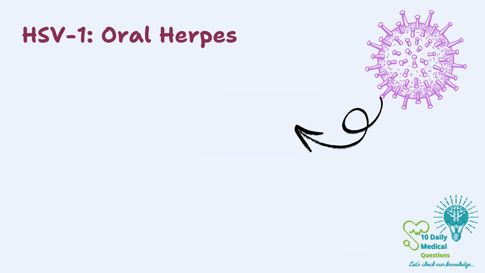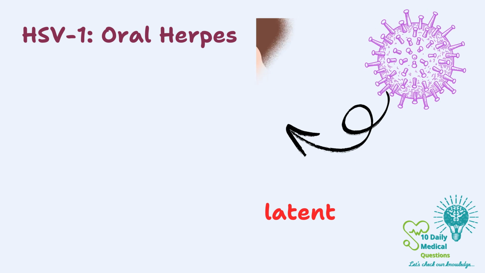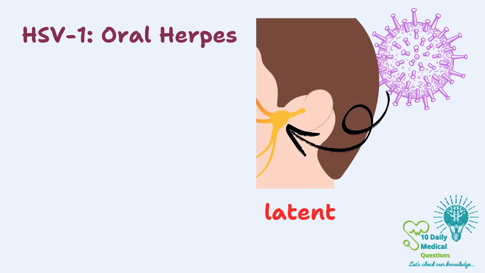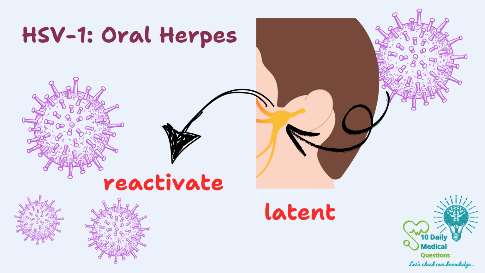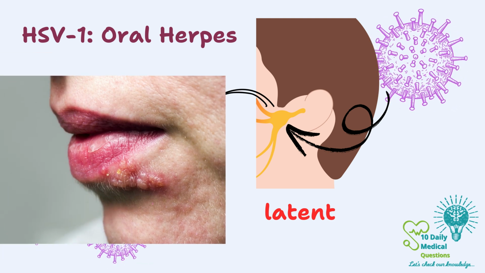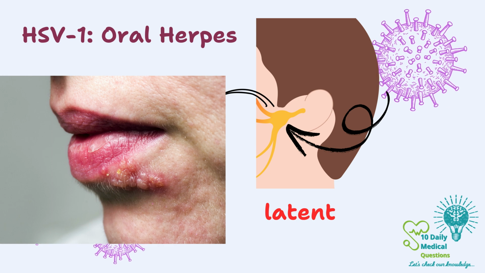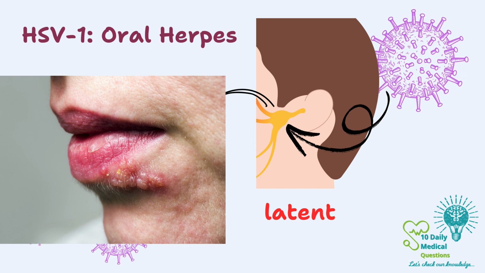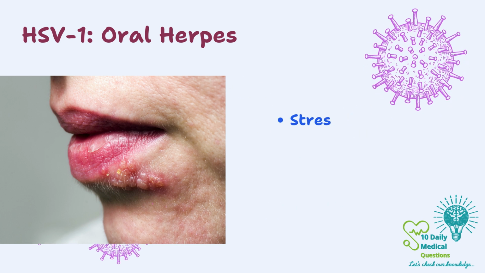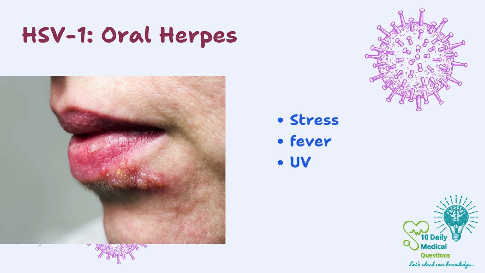Following primary infection, the virus becomes latent in the trigeminal ganglion and can reactivate later as herpes labialis, commonly known as cold sores. These are small, painful blisters on the lips that can be triggered by stress, fever, or sunlight exposure.